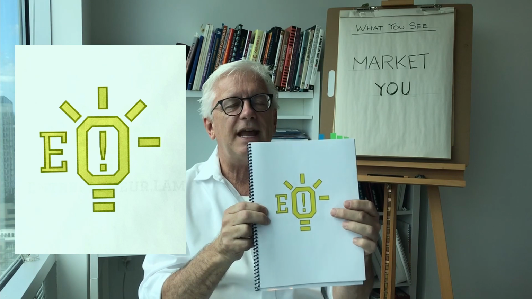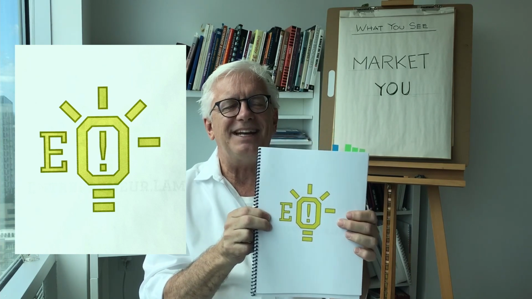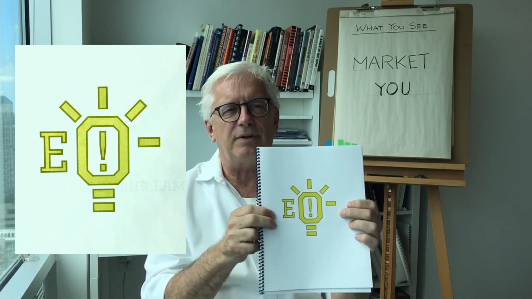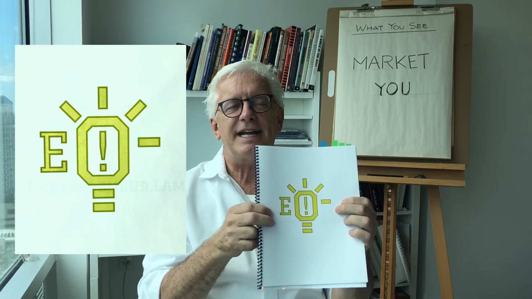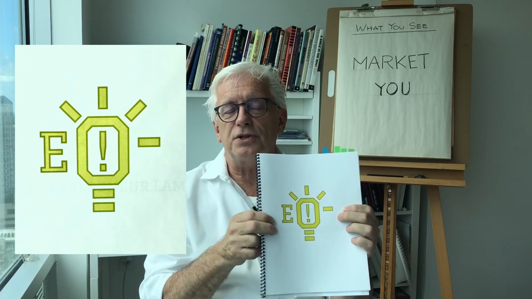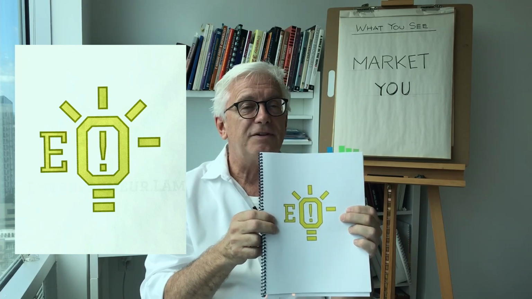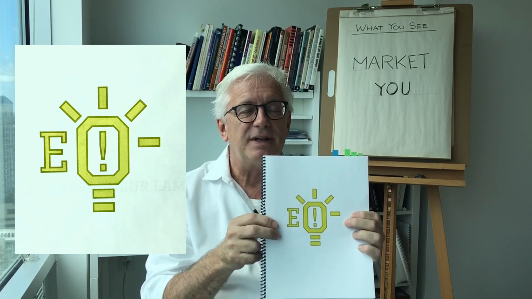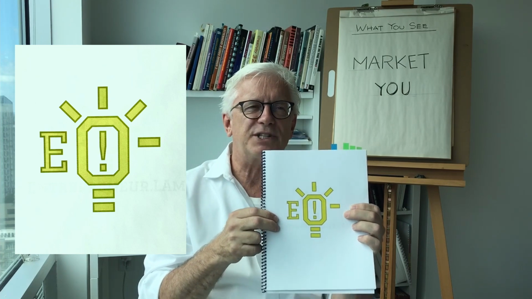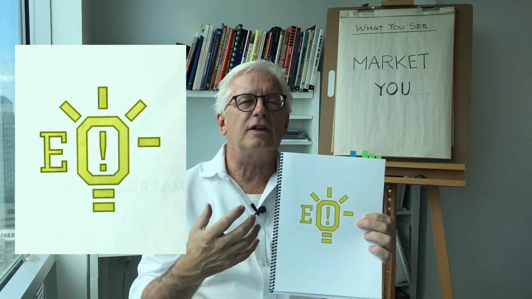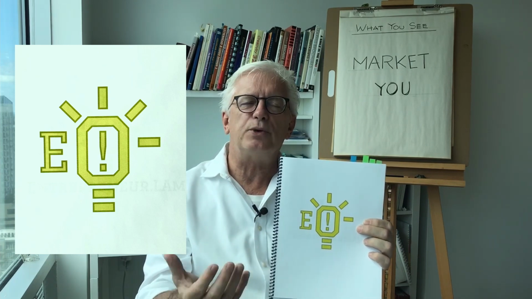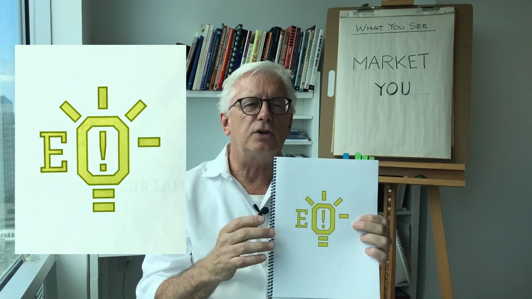Hence, I took the exclamation point and I located it in the center of our light bulb. So with this particular graphic, the letter E stands for entrepreneur, but it also could stand for energy, excitement, or enthusiasm, especially when we follow it with the exclamation point. So here's an example of how we took our letter form and our typography and directly created a logo for it.